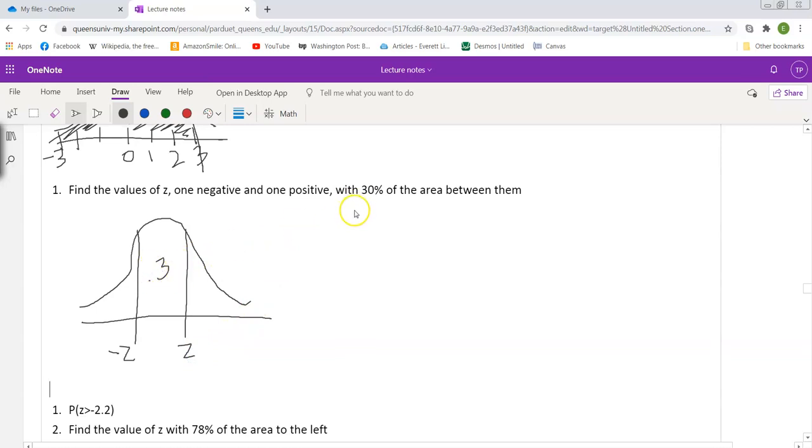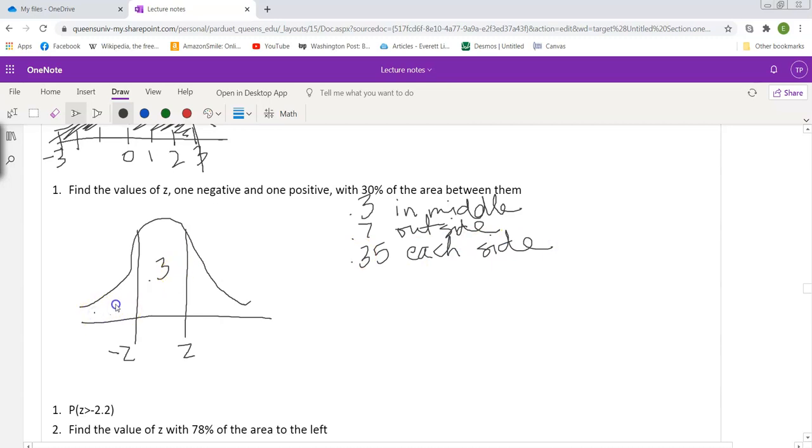Well, we know if we've got 30% in the middle, that means we're going to have 0.7 outside the middle. And that means half is going to be on the left and half is going to be on the right. So half of 0.7 is 0.35 on each side.